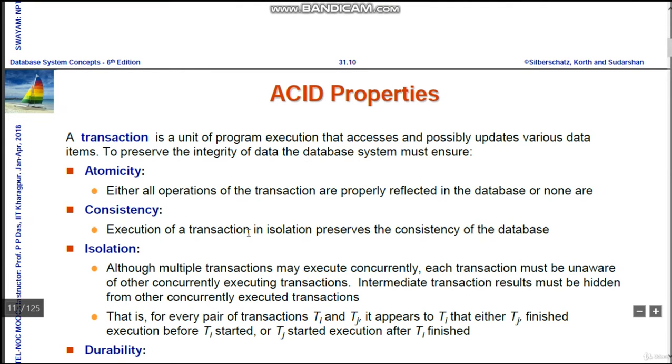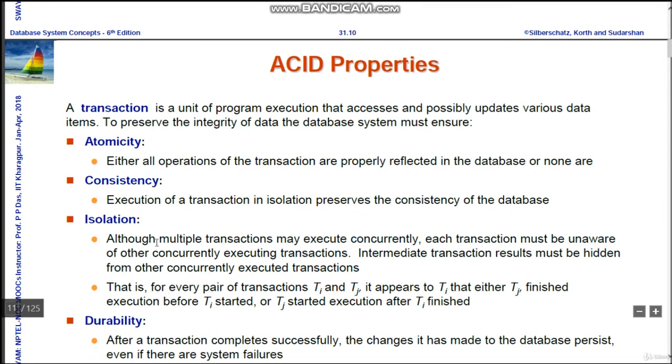Consistency: execution of a transaction in isolation preserves the consistency of the database, meaning one by one, then our system will be consistent. Isolation: although multiple transactions may execute concurrently, each transaction must be unaware of the other concurrently executing transactions. Means in our system there are many transactions running in parallel, but they don't know about the presence of the other transactions.